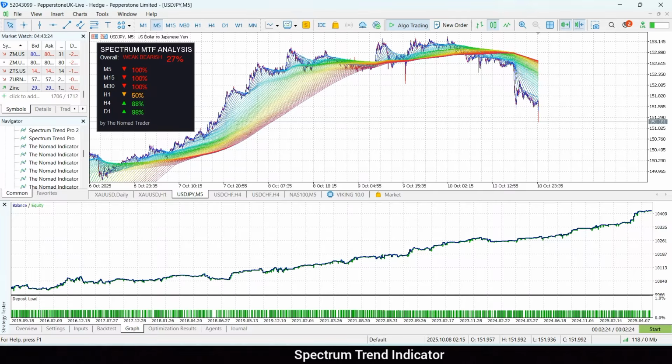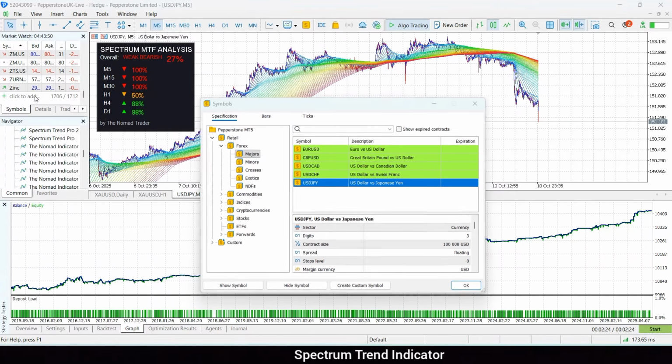I think this indicator is going to progress pretty quickly. As you can see, I published the video yesterday, and I coded this dashboard with this multi-time frame analysis today, because I wanted to provide some real value with this indicator.